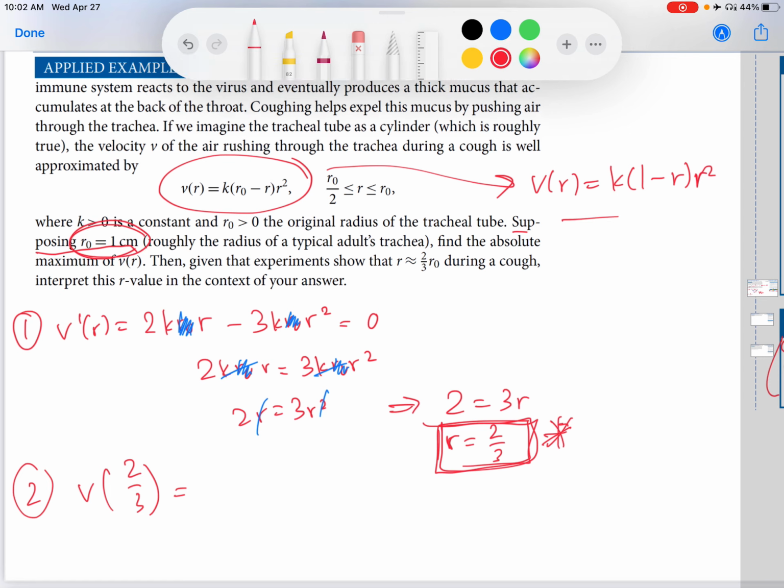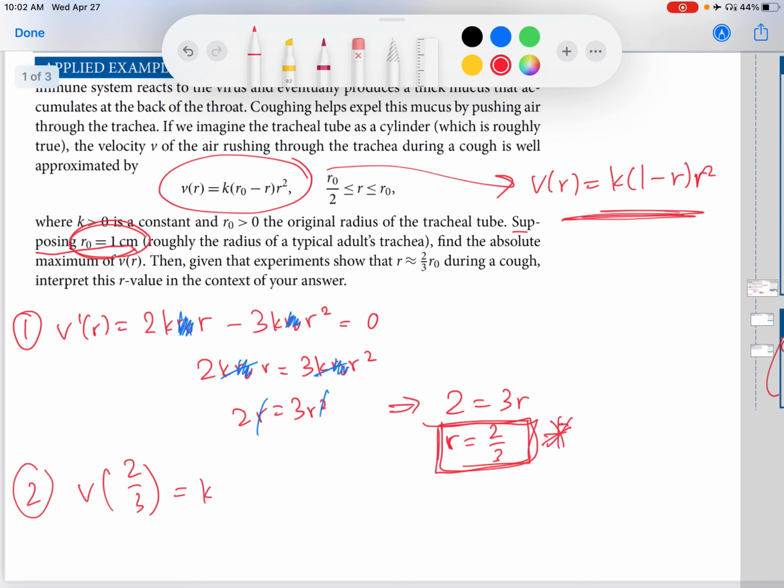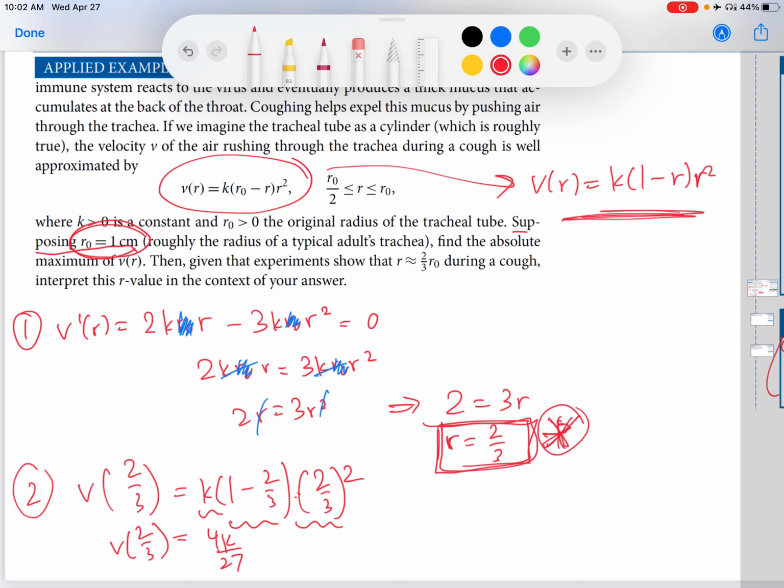Okay, then I'm plugging in 2/3 into here for r. So I get k times 1 minus 2/3 times 2/3 squared. Okay, so we can do all the math here. This is 1/3, this is 4/9 times k, so I get 4k over 27. So that's v of 2/3. That is the critical value, right? The y value associated with the critical number, this one, r equals 2/3.